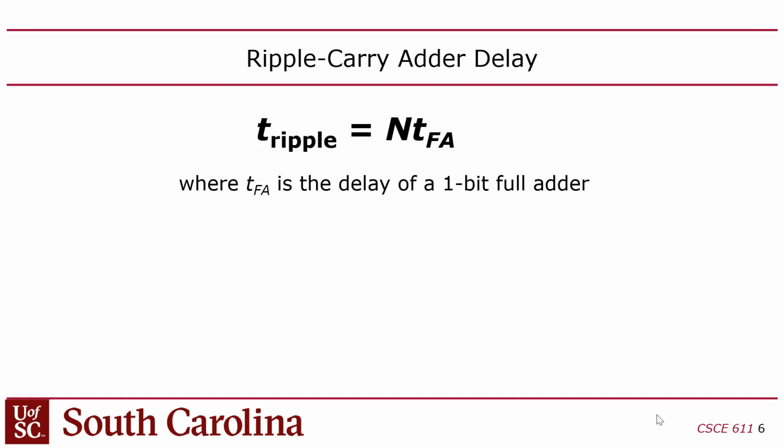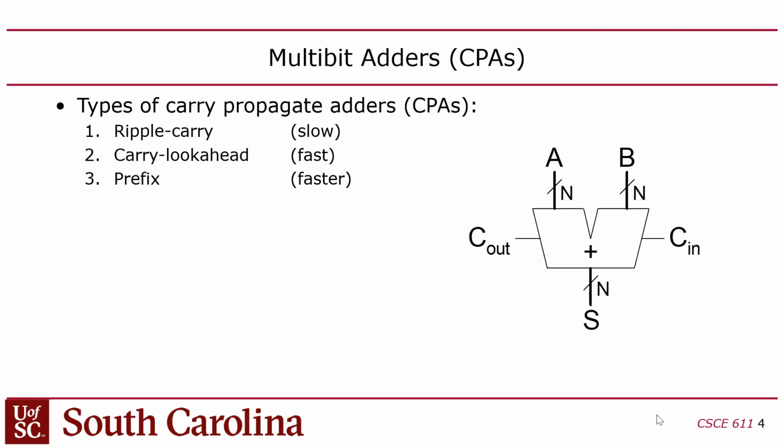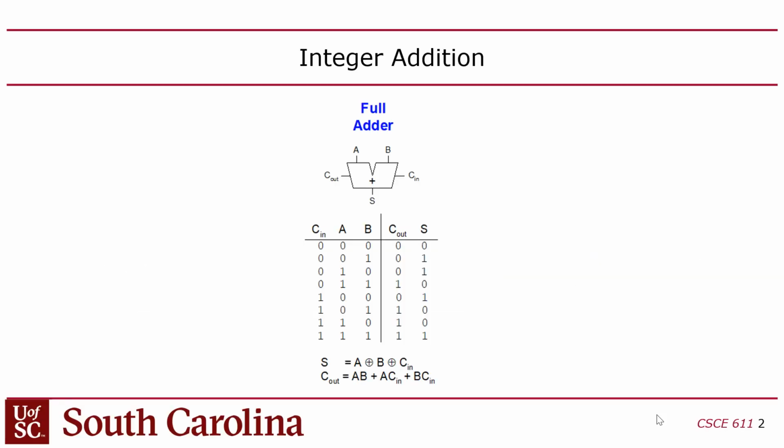Of course, the full adder itself has multiple paths in it, right? You guys remember that? I don't have it listed here, but remember the full adder, when it generates C out, if there's 2 bits set in A, B, and C, or 3 bits set, then carry out is 1, right?